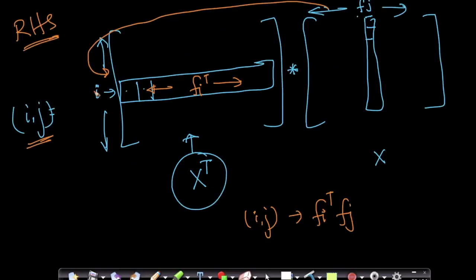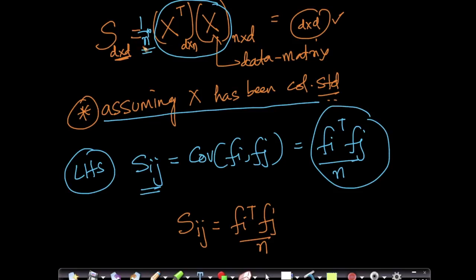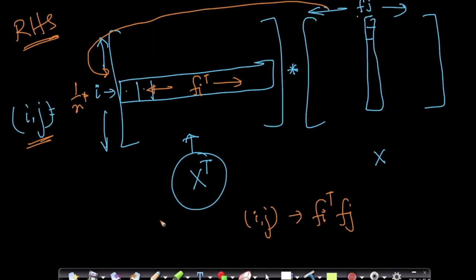On the RHS, I multiply the whole thing by 1 by n, because the formula says S is nothing but 1 by n into X transpose X. So my RHS equals my LHS, which says that S is nothing but 1 by n times X transpose X, when X is represented the way we showed. This is a D cross n matrix and this is an n cross D matrix. It's always good to write this to understand whether you can actually multiply these matrices or not.